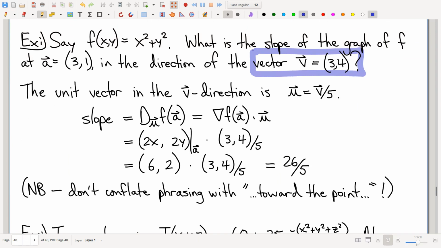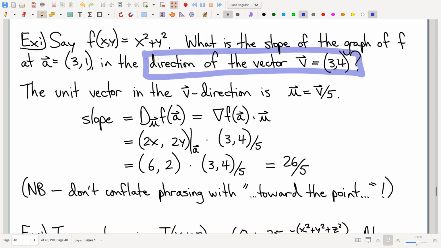Notice further, it says direction of the vector 3, 4. Vectors, we write them with coordinates because it's convenient. But ultimately what a vector is, is a direction and a magnitude. So when we say the direction of the vector, what we mean is, look, there's a direction, there's a magnitude.